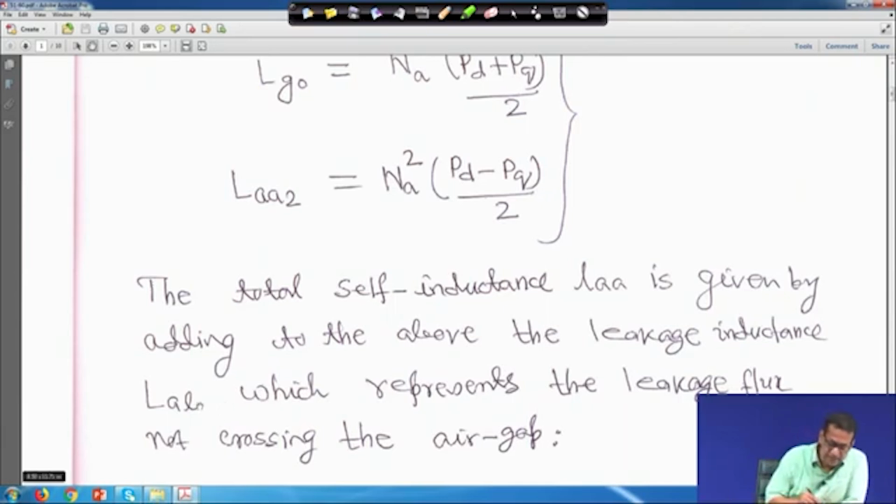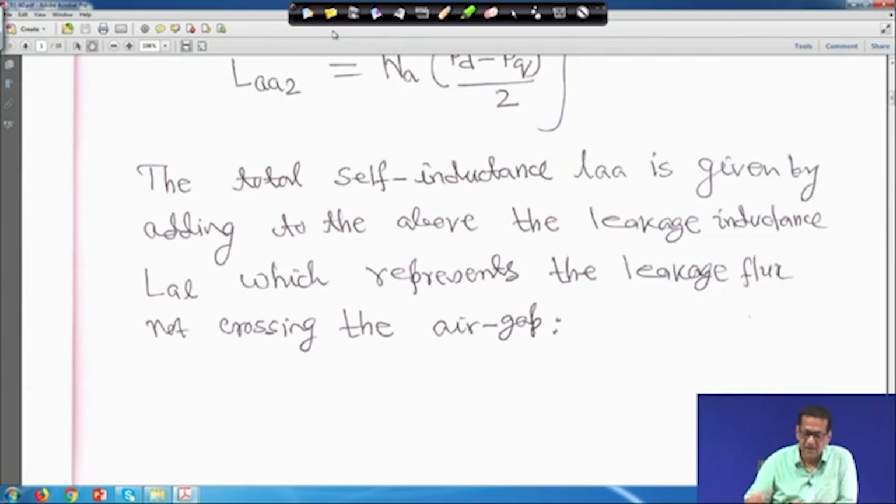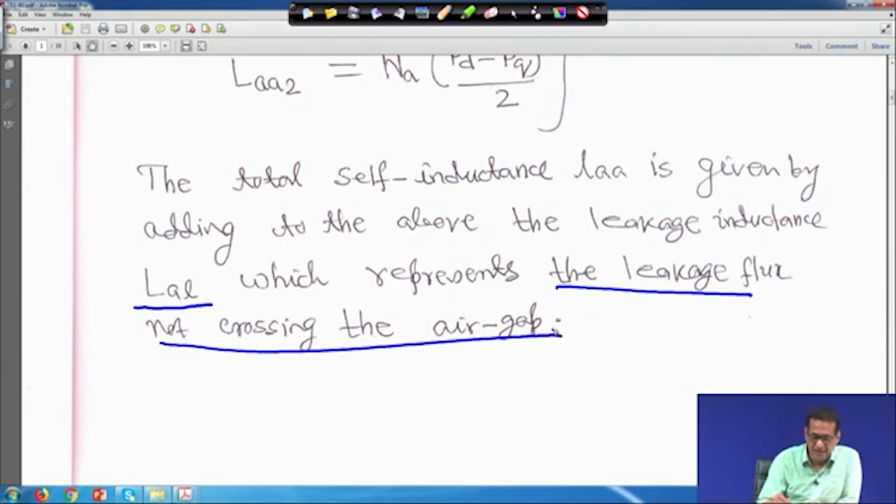I mean we are considering some leakage inductance is also there, which represents the leakage flux not crossing the air gap. It is a very small amount, but we are adding it.